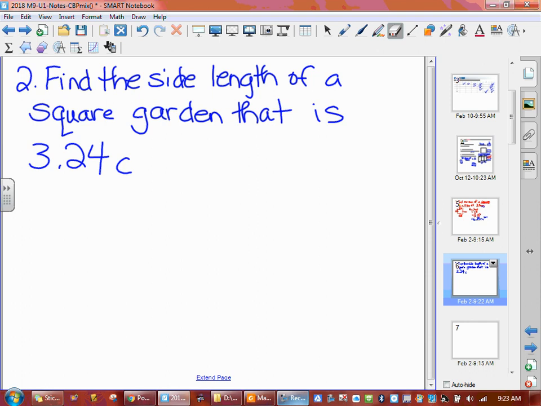So find the side length of a square garden that has an area of 3.24 meters squared. So I'll let you write that down, and then we're going to talk about strategies to solve it.